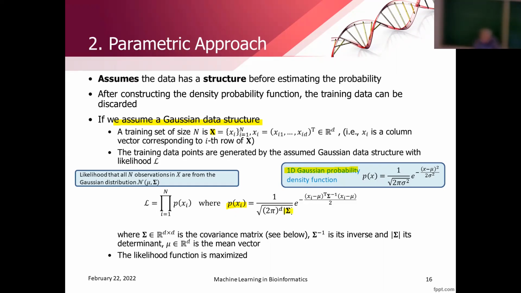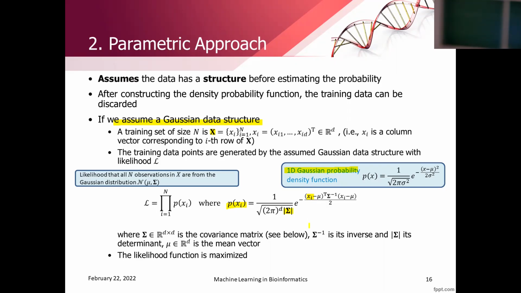This value is the determinant of the covariance matrix, and times e to the power minus, and here we have (xi minus mu) transposed, because xi is one observation, it has d values, it's a vector.